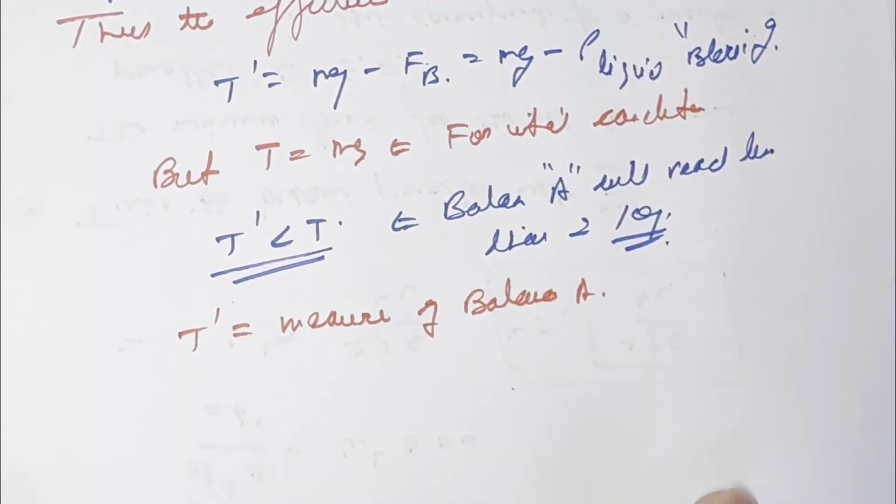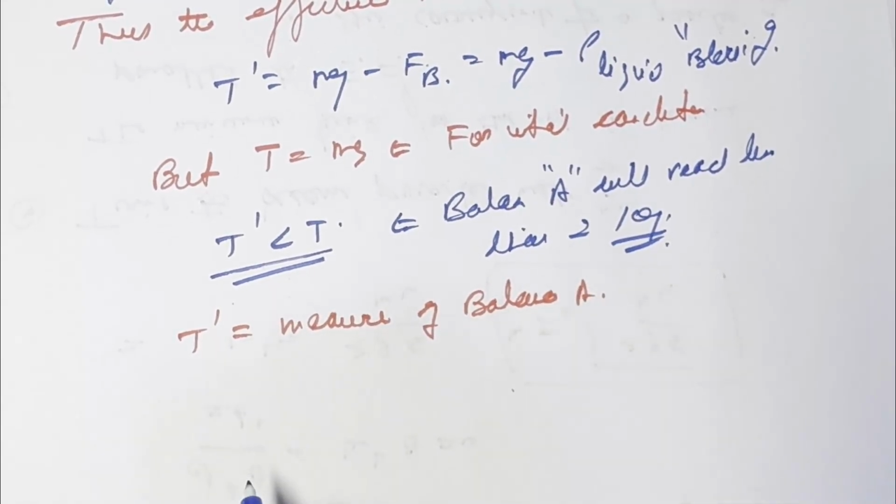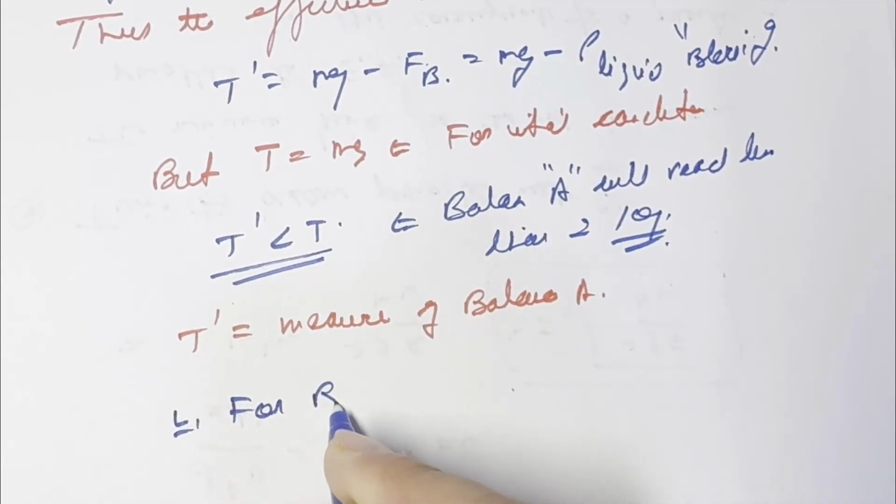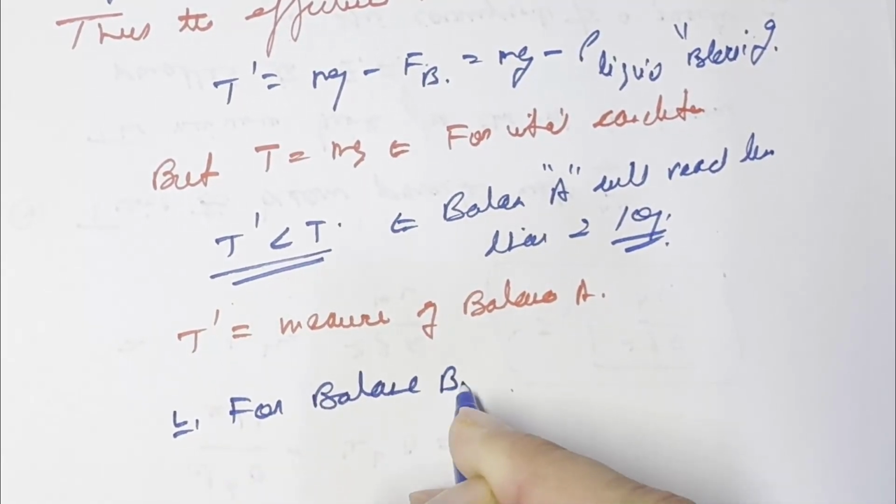Now let us consider balance B. For balance B, the liquid is exerting an upward buoyant force.